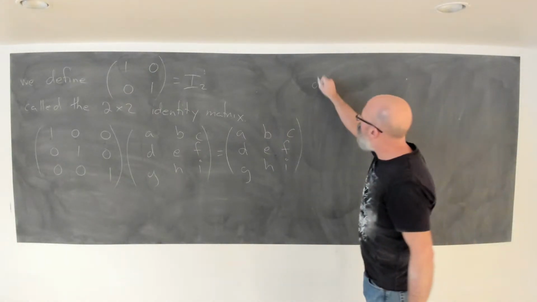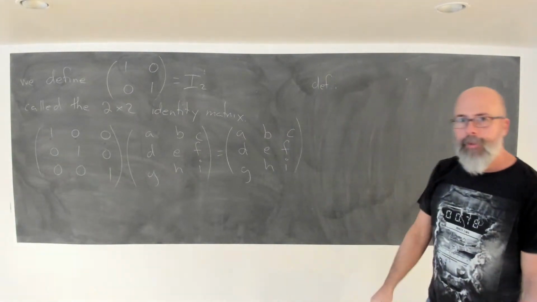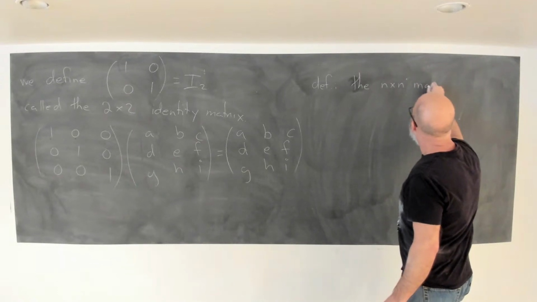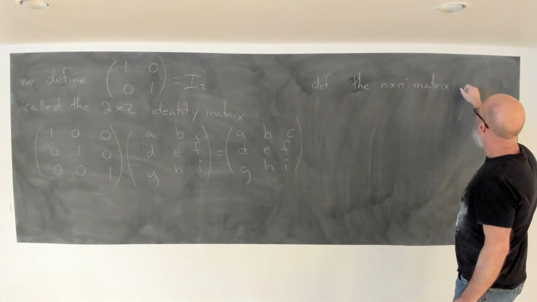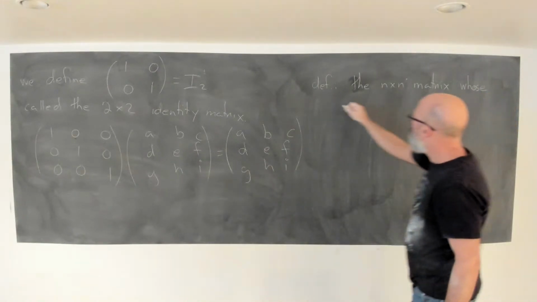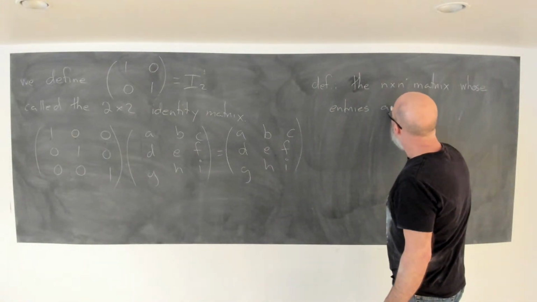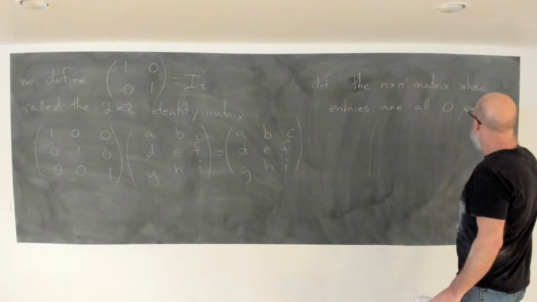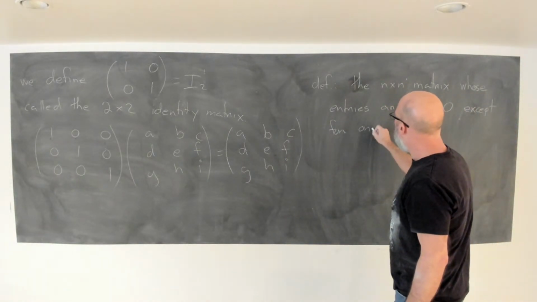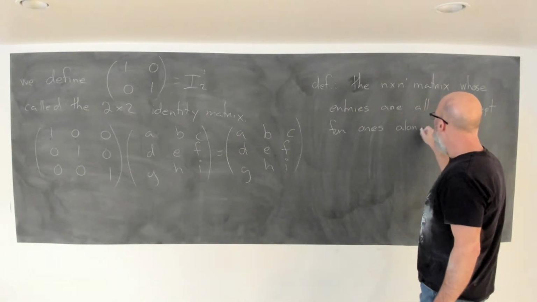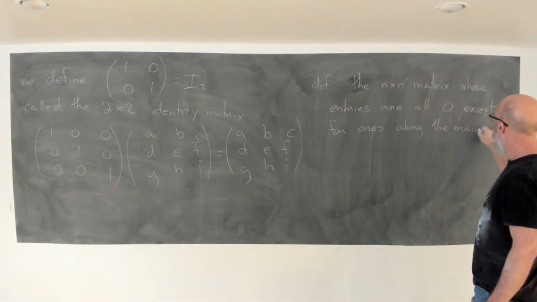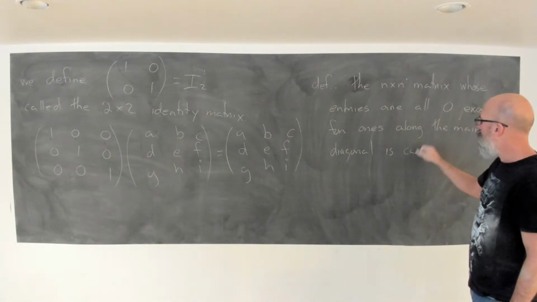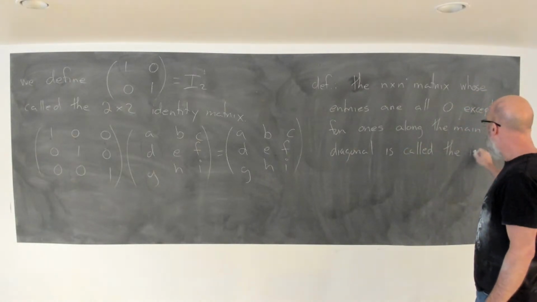Let's give it a name. Definition. The n by n matrix whose entries are all 0 except for ones along the main diagonal is called the identity matrix.